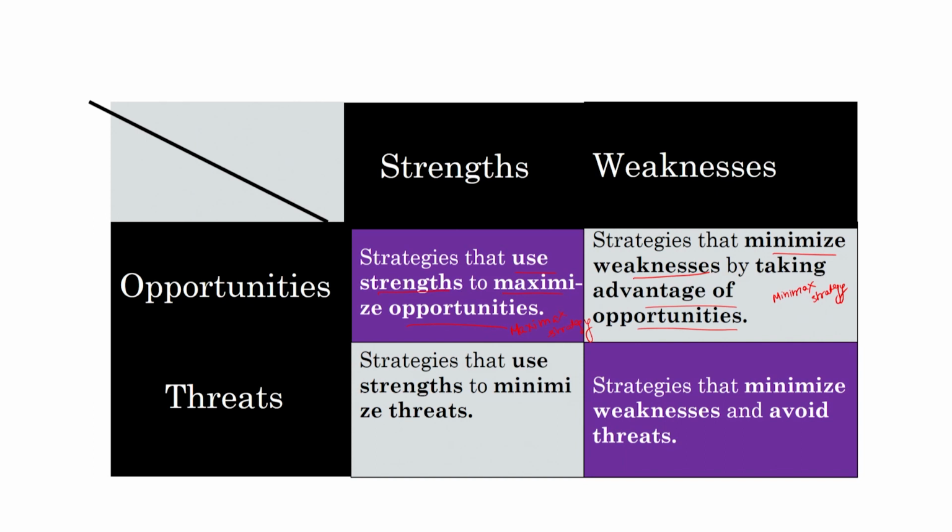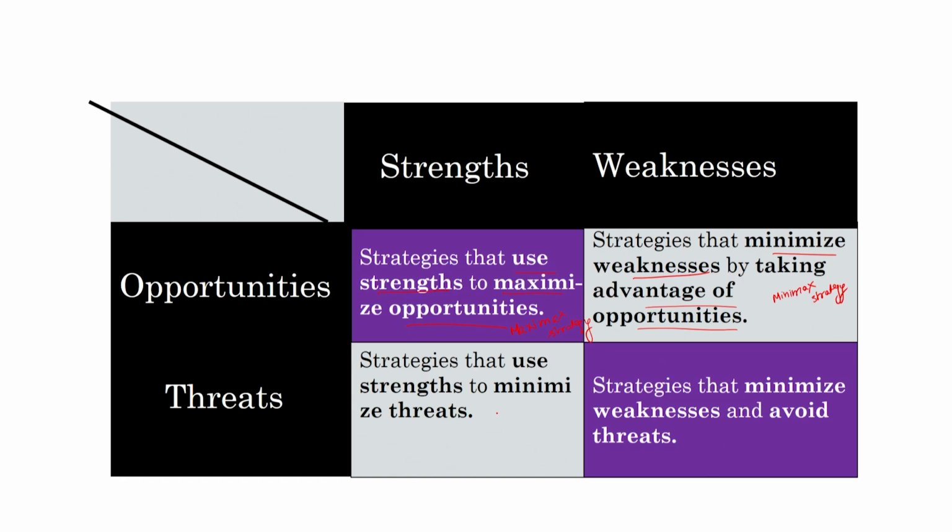Next, we have strengths and threats. Now let us assume that your threats in the particular industry are that some recession or stagnation is expected in your industry. And your strength is that you have innovative workforce.